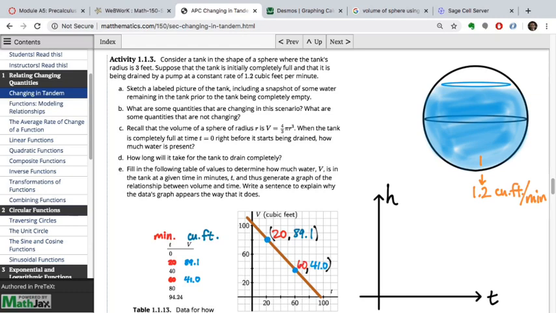Okay. So if I were to ask you between the 20-minute mark and the 60-minute mark, what is the rate at which the water drained over that period of time? What would you say is the rate at which the water drained over that period between 20 and 60 minutes? 1.2 cubic feet per minute, exactly. So where did that number come from?